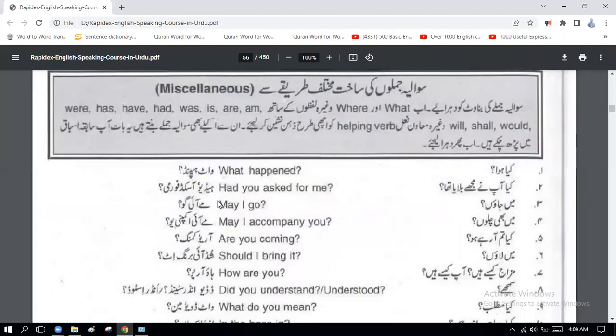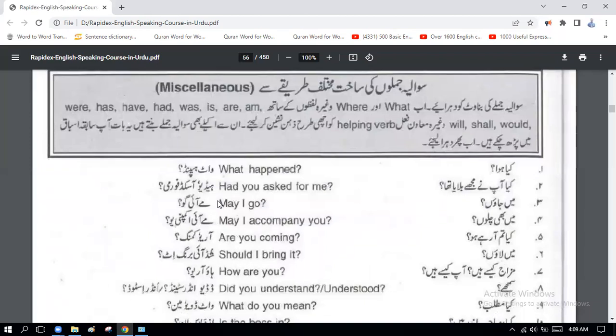So let's come to what happened. Had you asked for me? May I go? May I accompany you? Are you coming? Should I bring it? How are you? Did you understand? What do you do?